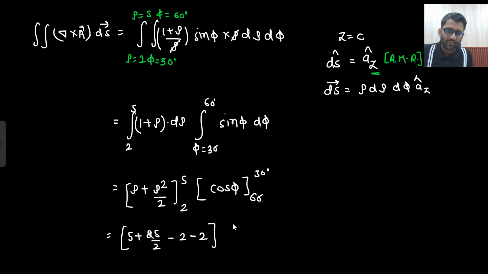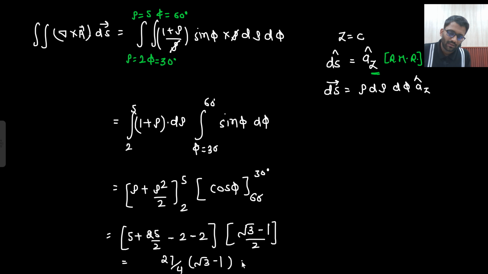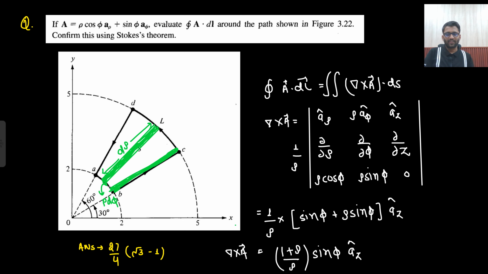And what is cos 30? Root 3 by 2, so cos 30 minus cos 60 is root 3 minus 1 by 2, because cos 60 is 1 by 2. So this will become 27 by 4 into root 3 minus 1. That's it, this is the answer. Just the calculation I am doing.